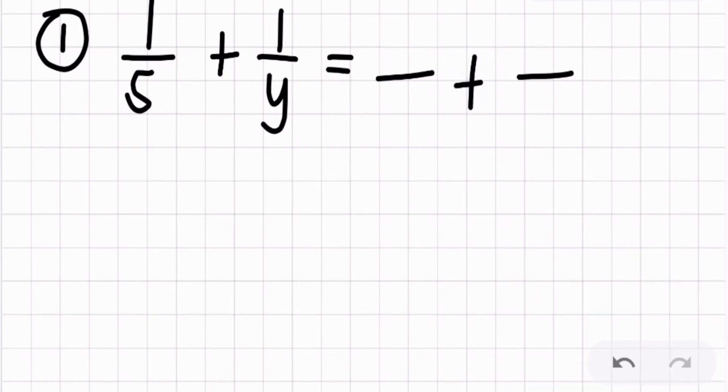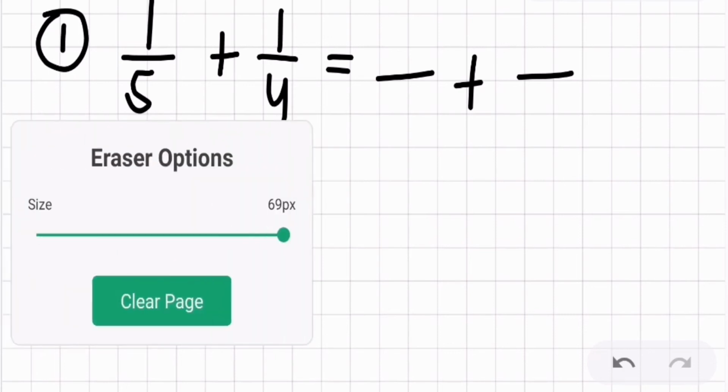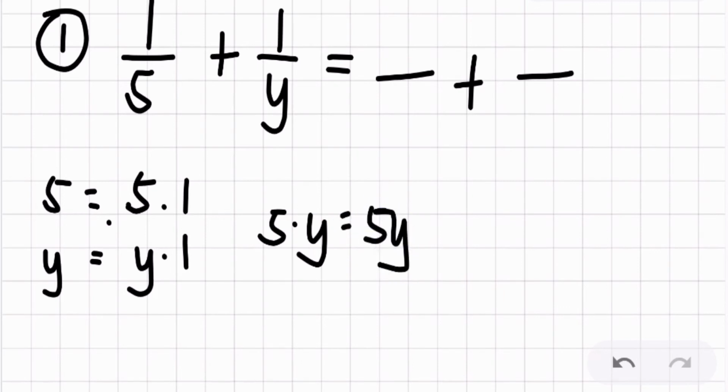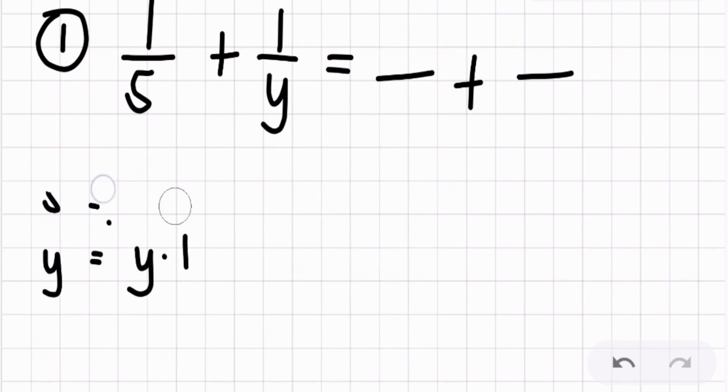Between 5 and y, the factors of 5 are 5 and 1, and the factors of y are y and 1. So it needs to be divisible by 5 and by y. So get the product of 5 and y, that will give us 5y. Therefore 5y is our LCD.